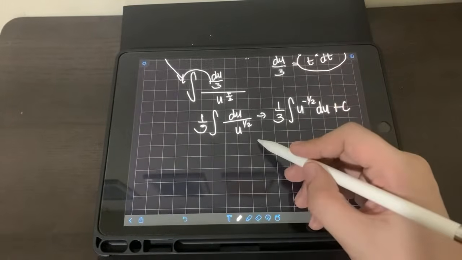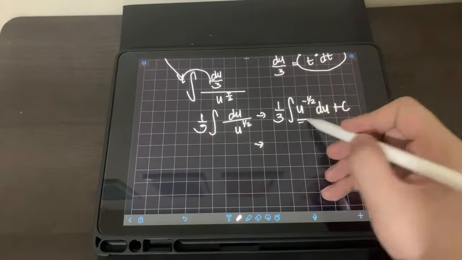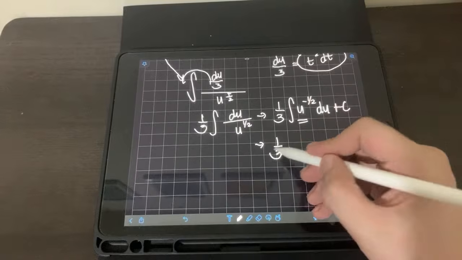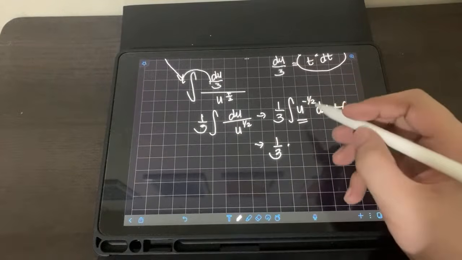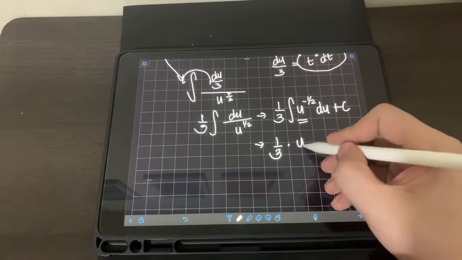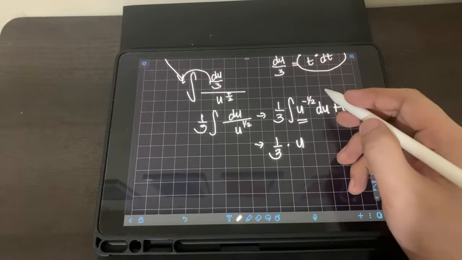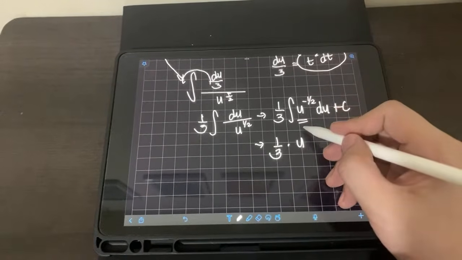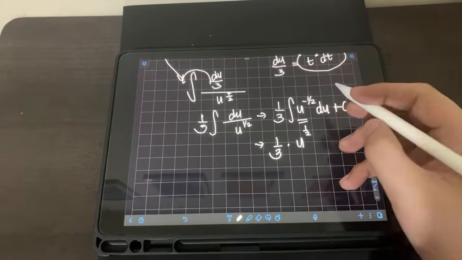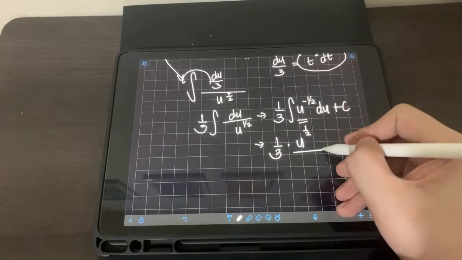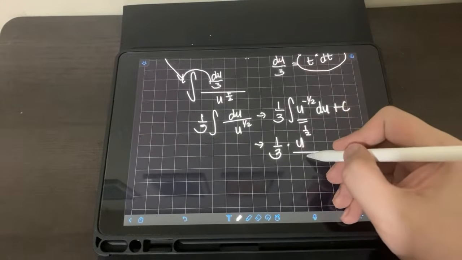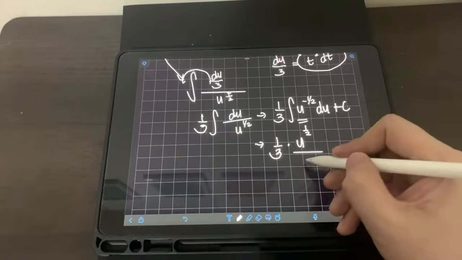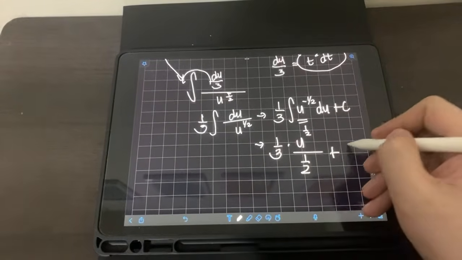And then, apply the power rule, since this is integrable now, right? 1/3 times the integral of u to the negative 1/2 du? U raised to what? So, negative 1/2 plus 1, 1/2. Over negative 1/2 plus 1, then 1/2, plus c.